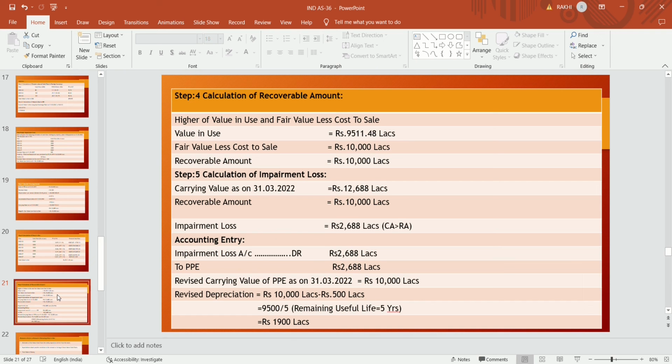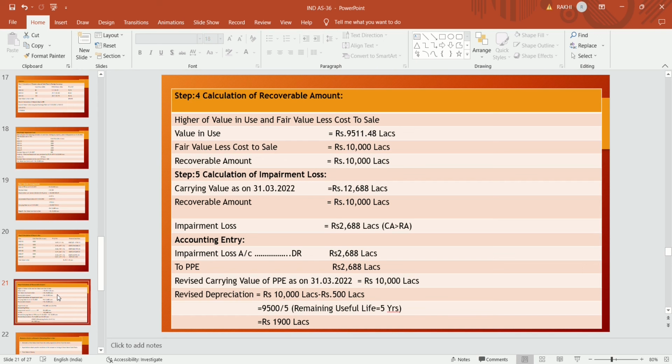And the revised carrying amount. Now, if there is an impairment, the value of the asset is revised in the balance sheet. So the revised carrying value of that property, plant, and equipment will be 10,000 lakhs, and then we will also charge the revised depreciation prospectively, for the remaining useful life, because the useful life is 8 years and 3 years is already over.